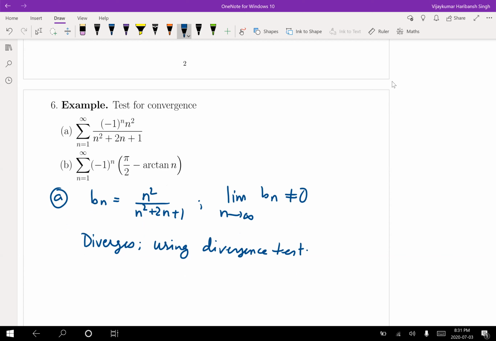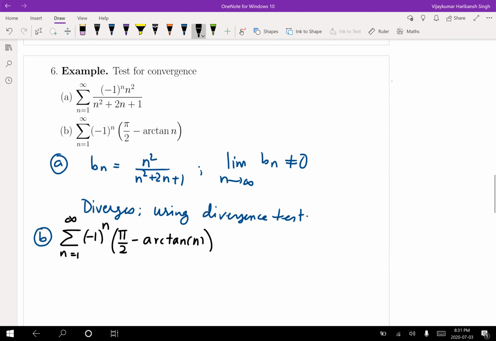Let's look at problem 2 now, B. So we have the summation n equals 1 to infinity of minus 1 to the power n, times pi by 2 minus arctan of n.